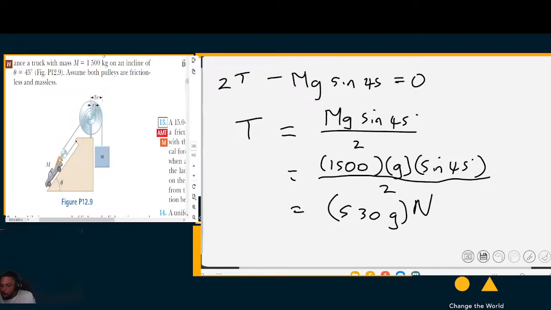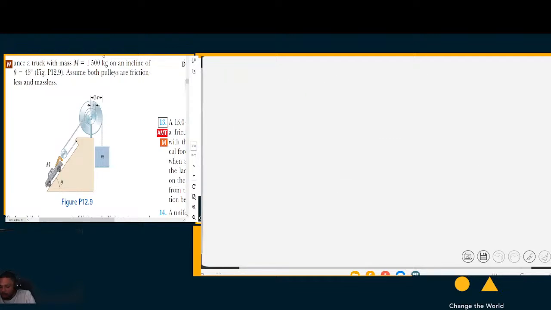Now that we've got the tension, we require M. What we know from our previous example is that small m times G times 3R is equal to the tension times R. That's our original sum of the torques equal to 0, but we have found T now.